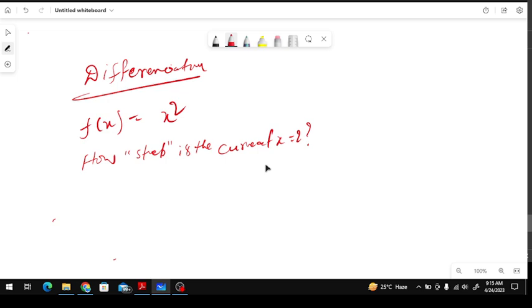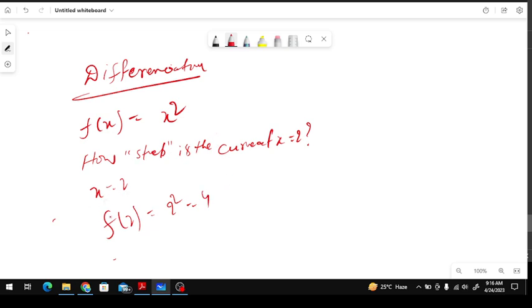So let x equal 2, and nearby, you put the value 2.1. If I take x equal to 2, your function is 2 squared, which becomes 4.